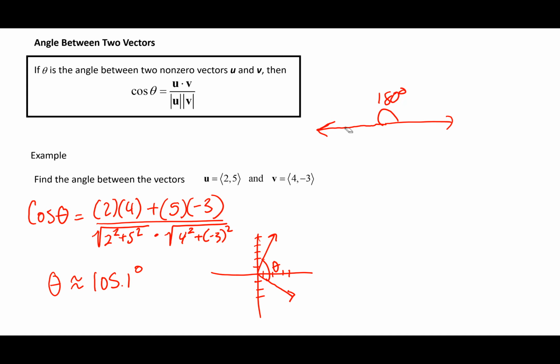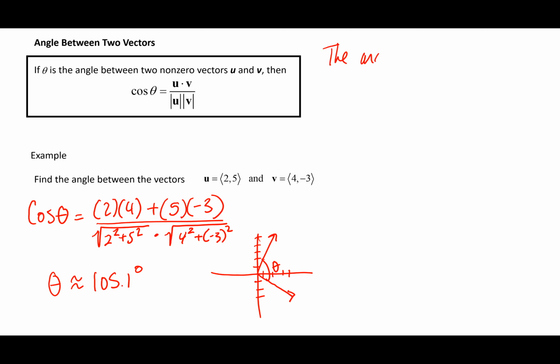Beyond that point, we don't start going 181, 182, 183, because eventually this outer angle becomes the bigger angle. So when we define the angle between two vectors, we're going to use the smaller angle.